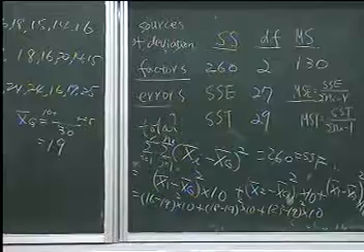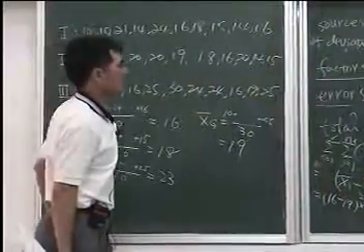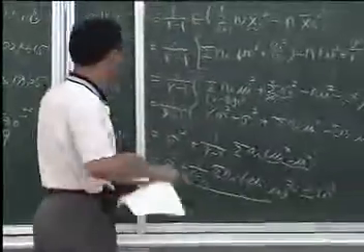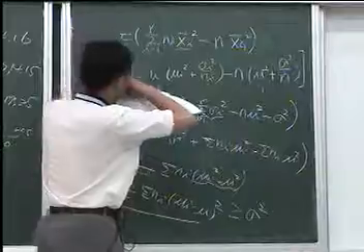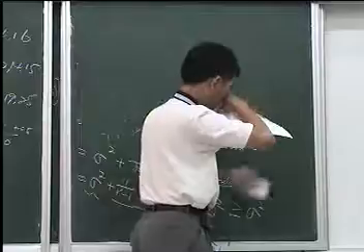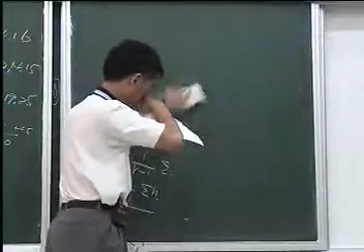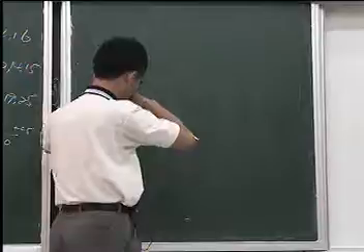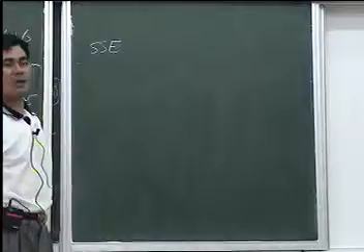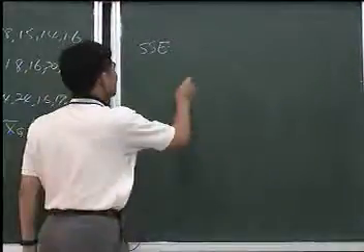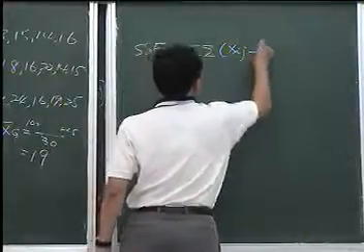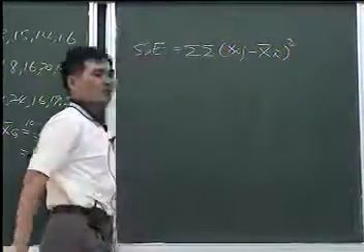Anyway, let us get to SSE. Let me use this part, okay? When we do SSE, actually we are looking within the machines, right? So summation xij minus x bar i square, okay?